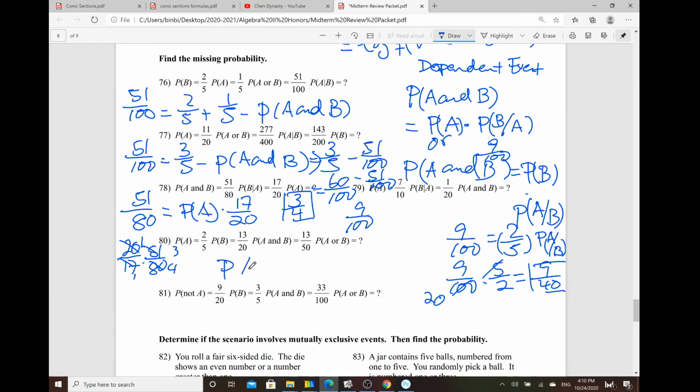So this one is actually quite straightforward. So probability of A, 2/5, plus probability of B, 13 over 20. And then subtract the one that is shared in common, 13 over 50. And then just evaluate it.